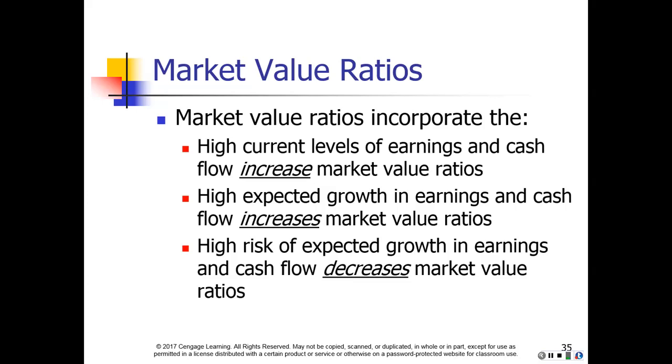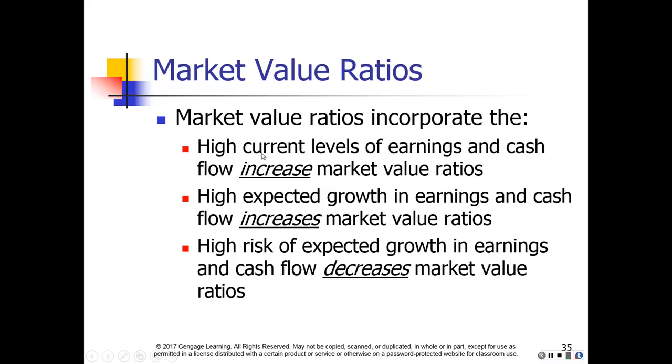So then we look at market value ratios, right? Market value ratios take information from the balance sheet as well as from market prices. High current levels of earnings and cash flow increase market value ratios. High expected growth in earnings and cash flow increase market value ratios, right?